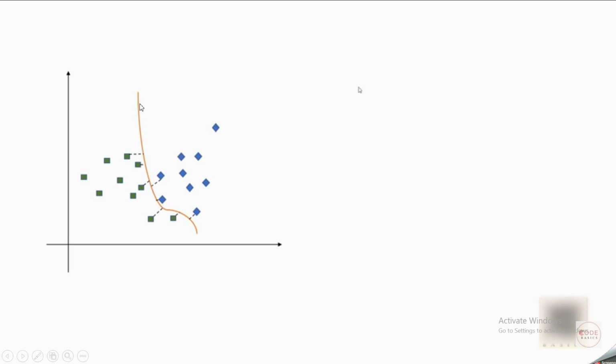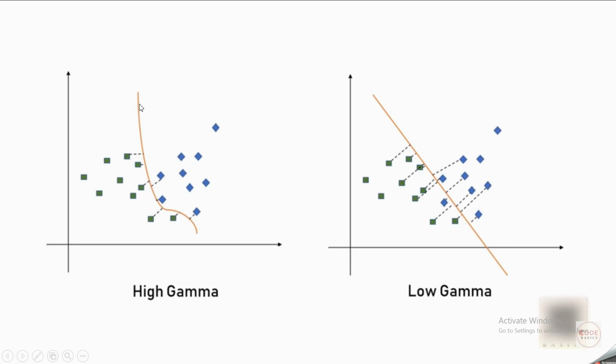So this is nothing but your gamma parameter which is present in SVC. You will understand the term gamma when we take the hands-on. So this is basically the separating line. Here all the data points are getting separated.